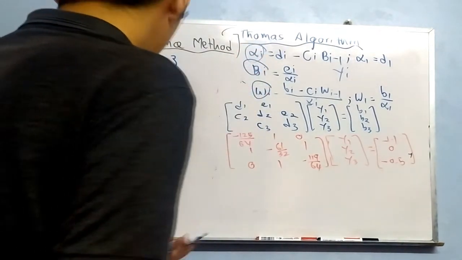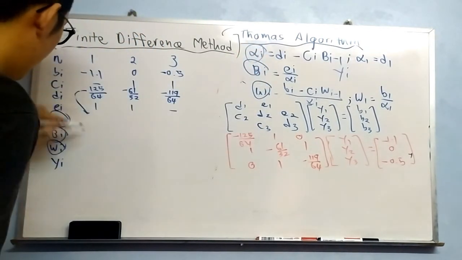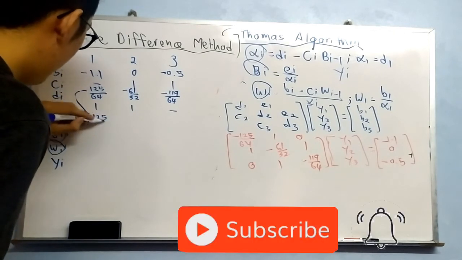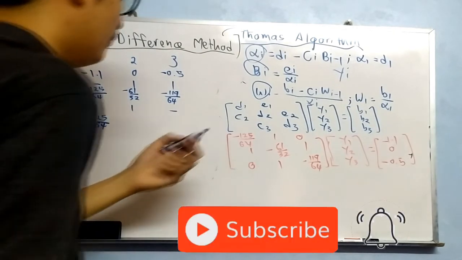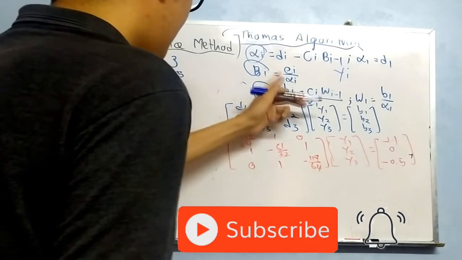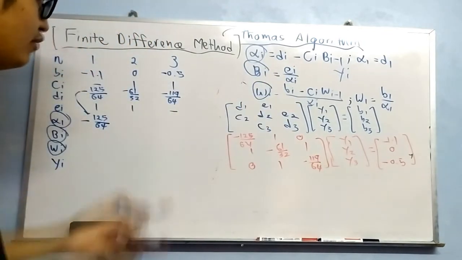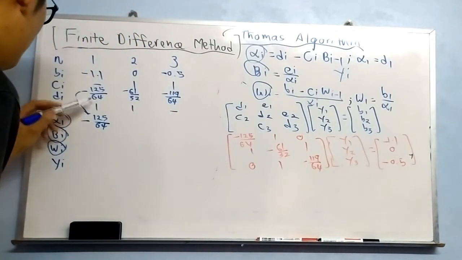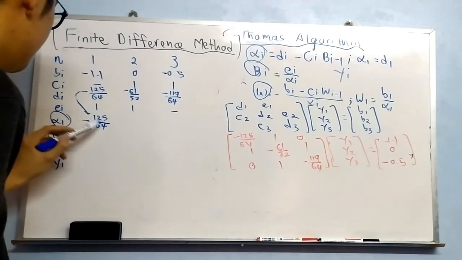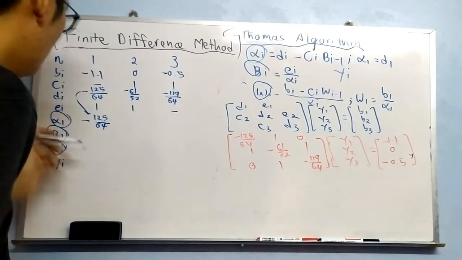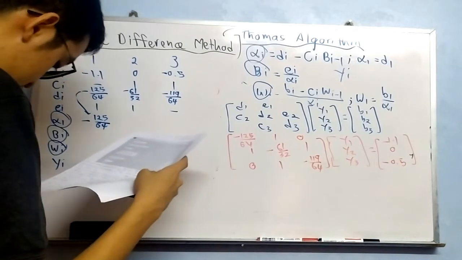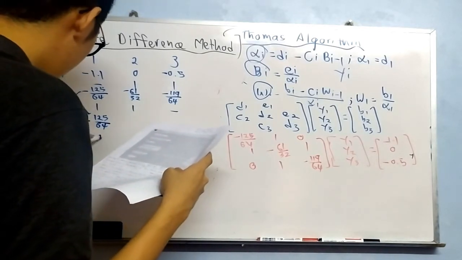Alpha 1 equals B1, so we directly extract from here: negative 125 over 64. Okay. Beta i is E i divided by alpha i. E1 is 1. 1 divided by this, so it's negative 64 over 125. This equals negative 0.512.